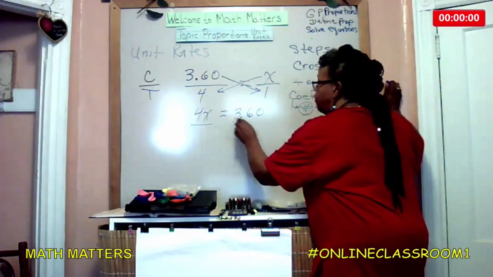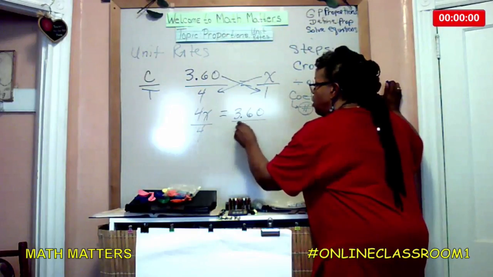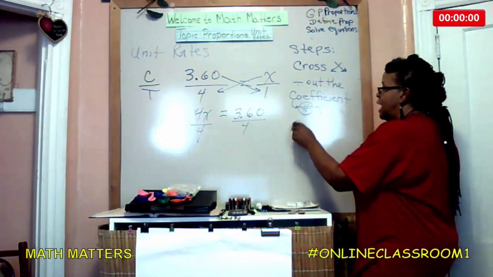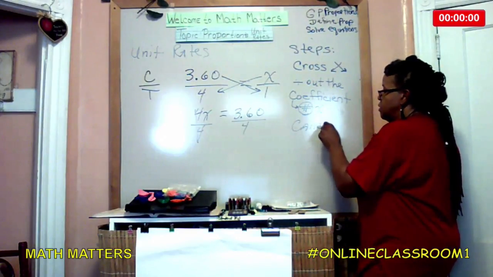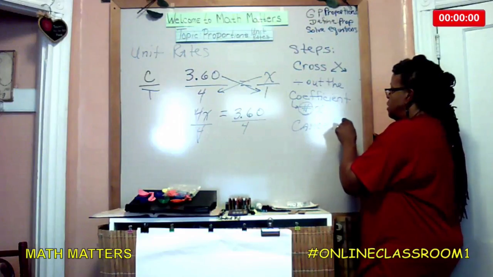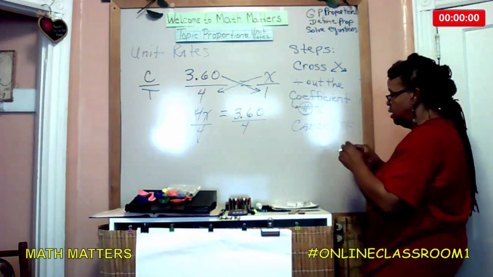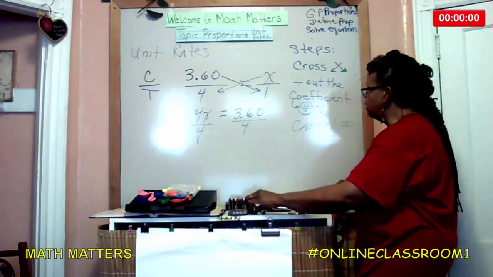All right, so let's divide out the coefficient. Here is 4 on both sides. The 4s will cancel. So our next step is to cancel the coefficient.